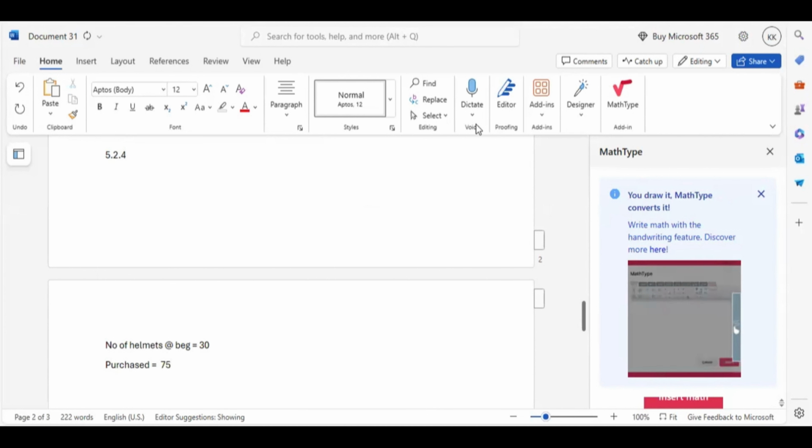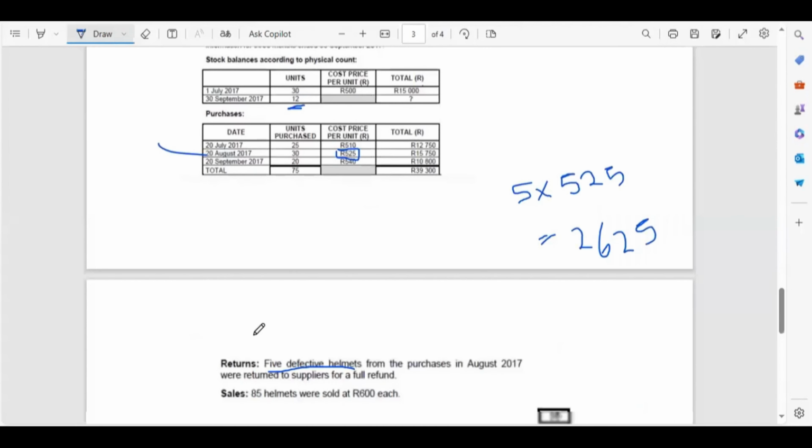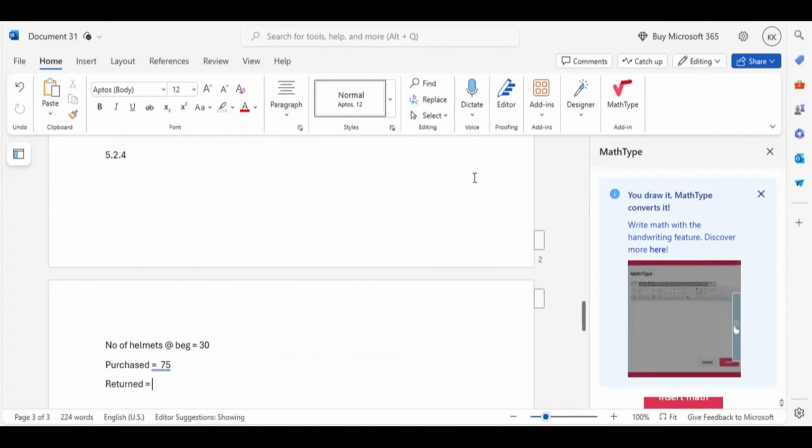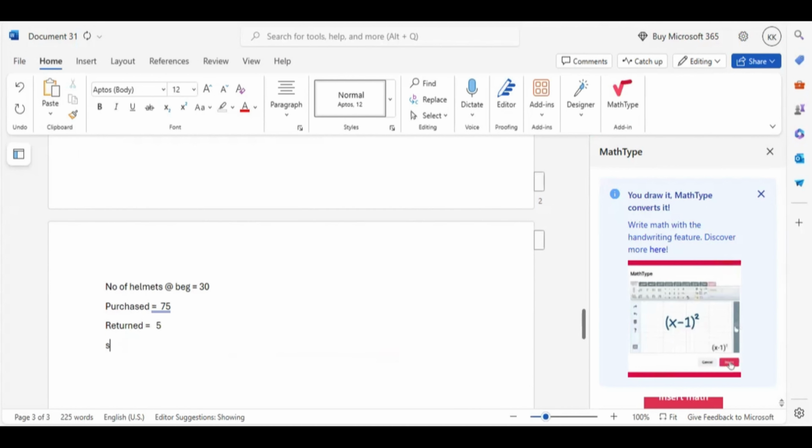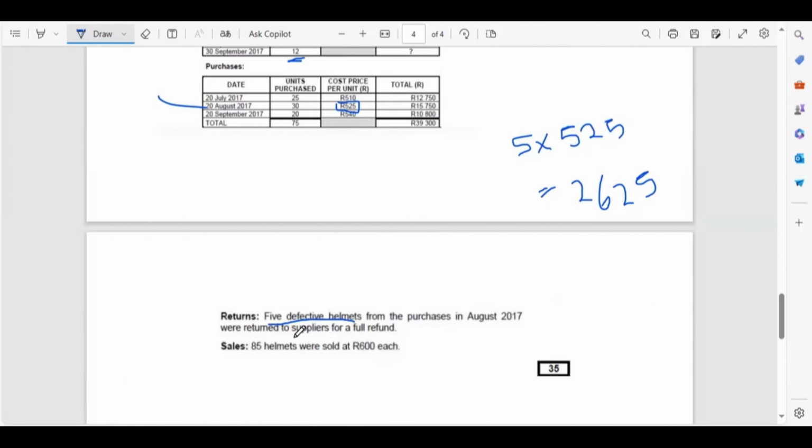How many were returned? I returned 5 helmets, right? So it's gonna be 5. Now, how many helmets were sold? Right? Sales. I sold 85 helmets. Now, I need to subtract this.